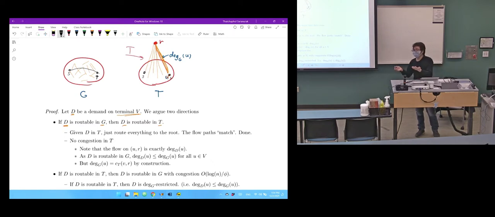Given any tree, actually, if you want to route from S to T, there is a unique way to route the flow, right? Because in a tree, there is just one unique path from S to T. So the way to route is just to route it like this. And you do the same for every other demand, S prime, T prime. Just send everything to the root and send it back to the graph.